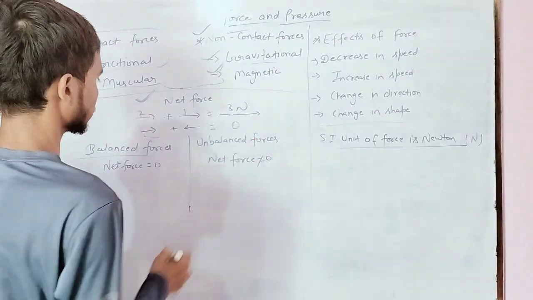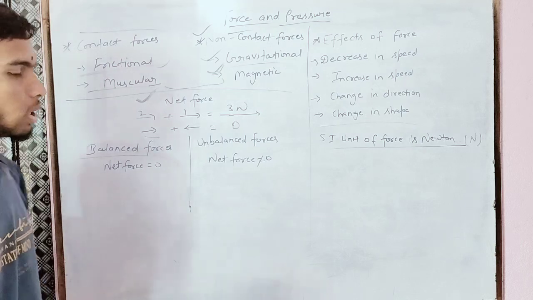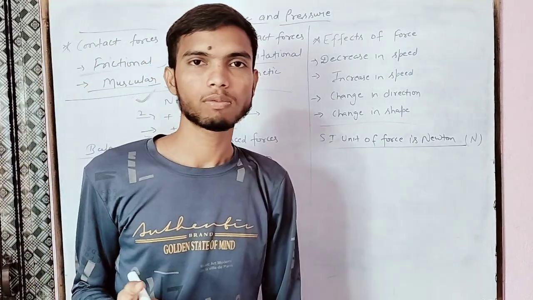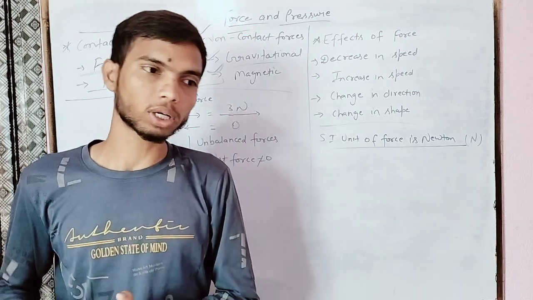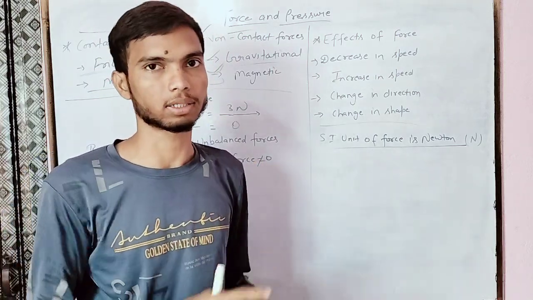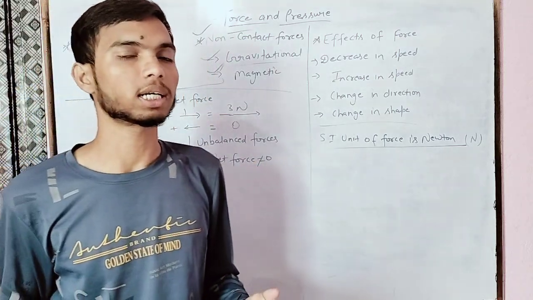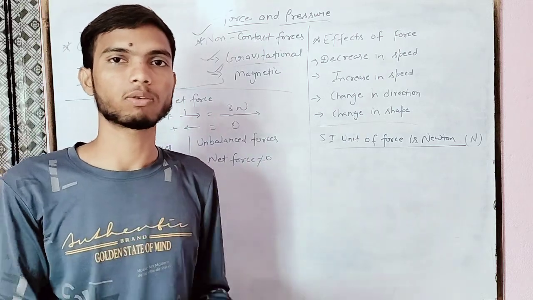We say 0 because both are pushing each other in opposite directions, not in the same direction. That's why we cannot say there would be 4 Newton.